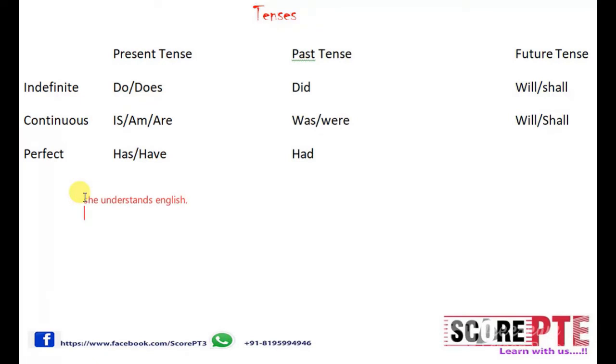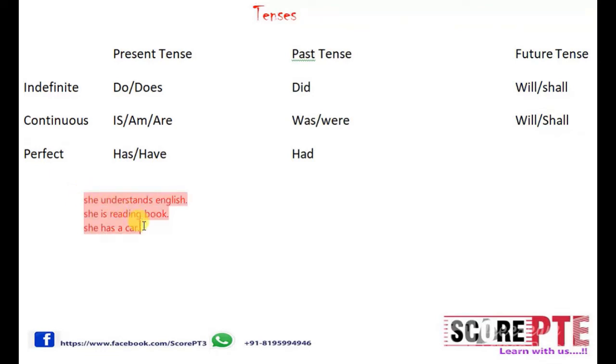Okay, in continuous form, "She is reading books." In perfect tenses, present perfect tense, you have to take it as "She has a car."